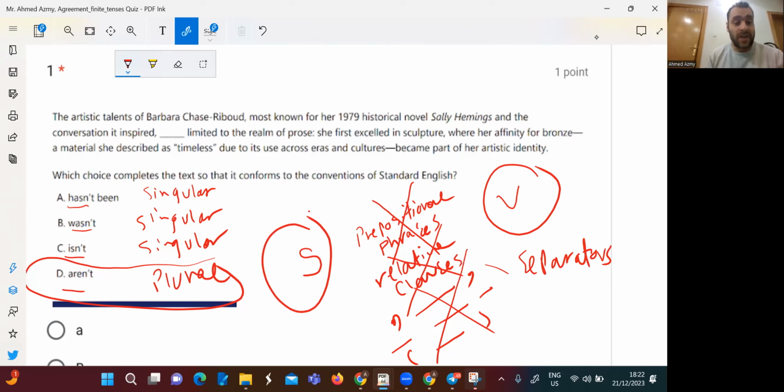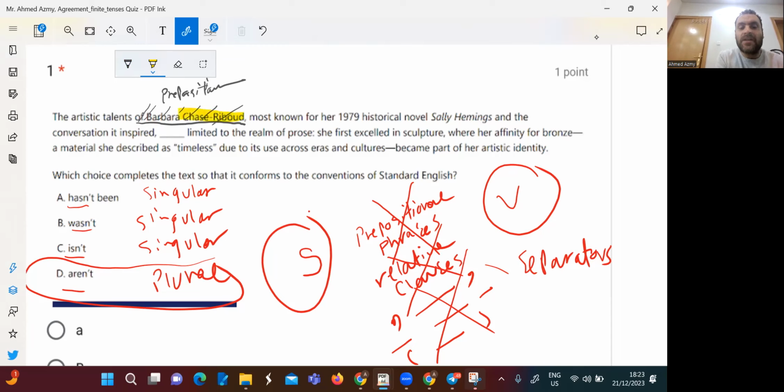I want you to apply this. The artistic talents of Barbara. So what am I supposed to eliminate here? Before most, we have of. This is a prepositional phrase, so you need to get rid of it. Yes, very good. So you will eliminate the prepositional phrase.